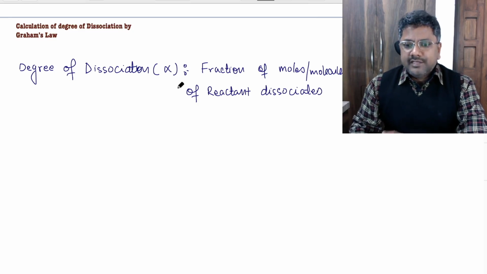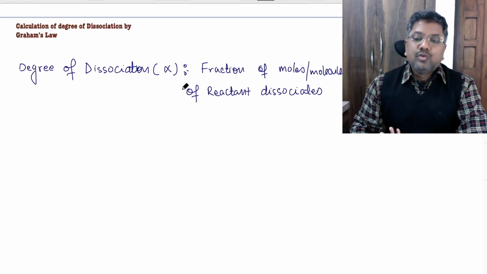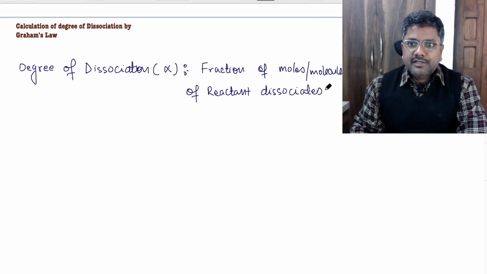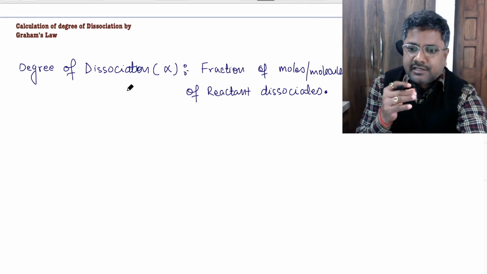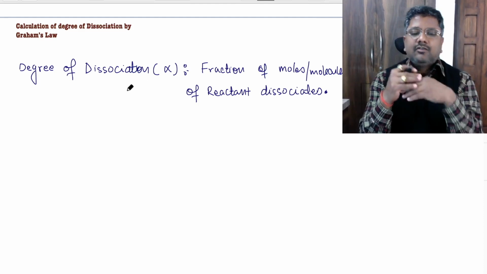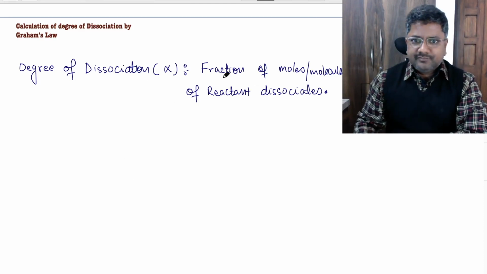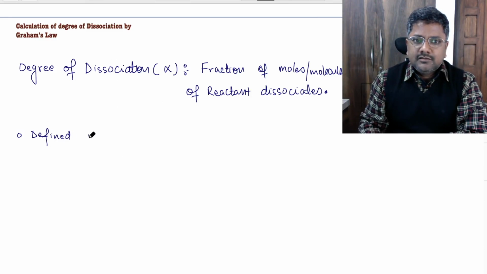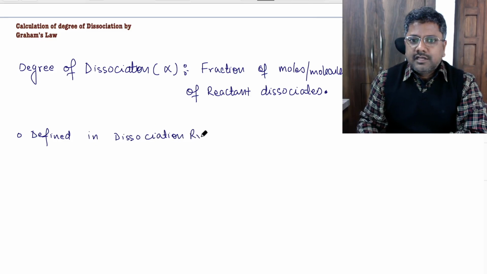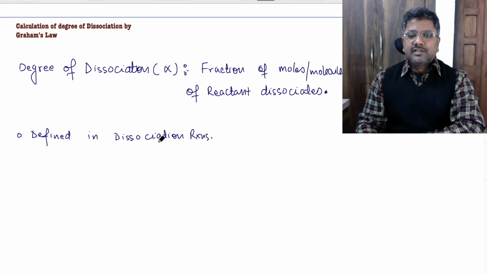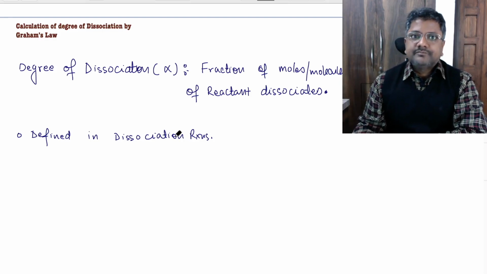Basically, alpha is a fraction, and if it is a fraction it has no unit, right? One more important property is that this degree of dissociation is defined only in dissociation reactions. Now another question arises: what are dissociation reactions, right?